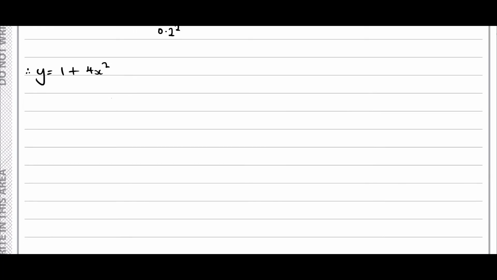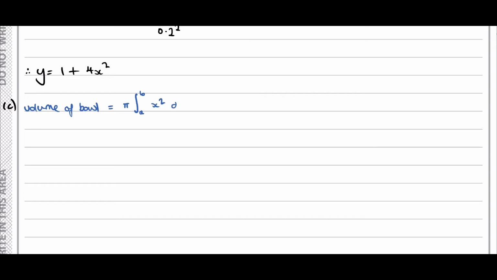For part C, the volume of the bowl will equal pi lots of the integral from a to b of x squared dy.